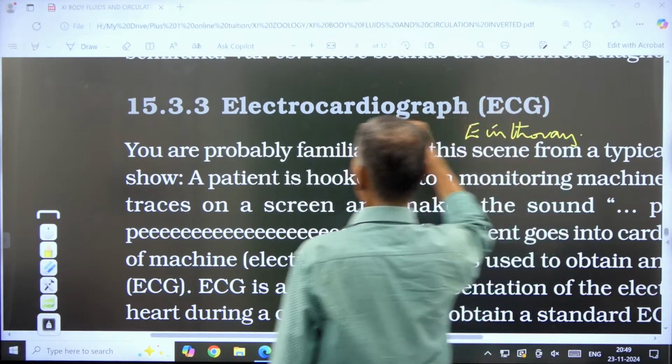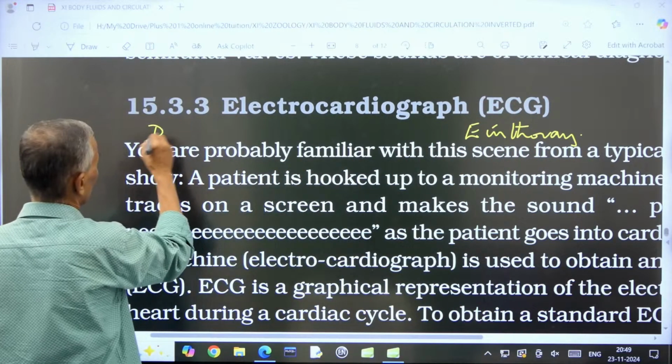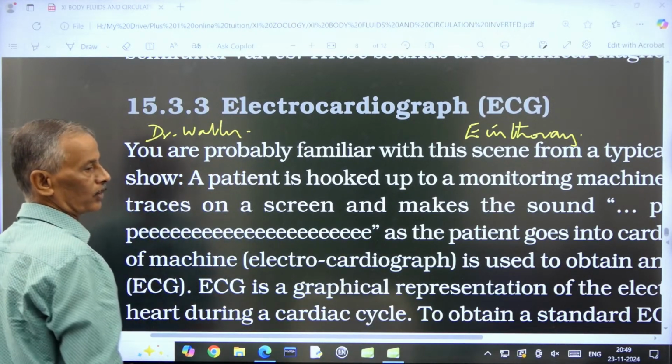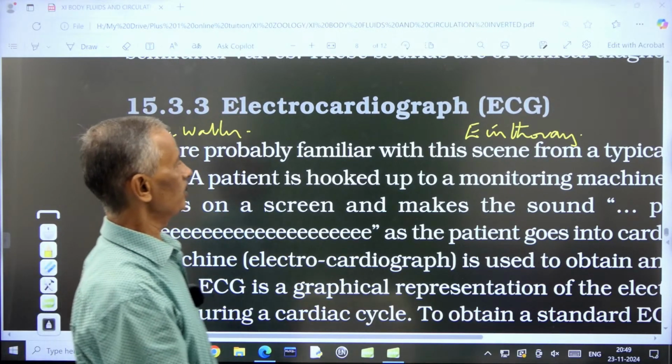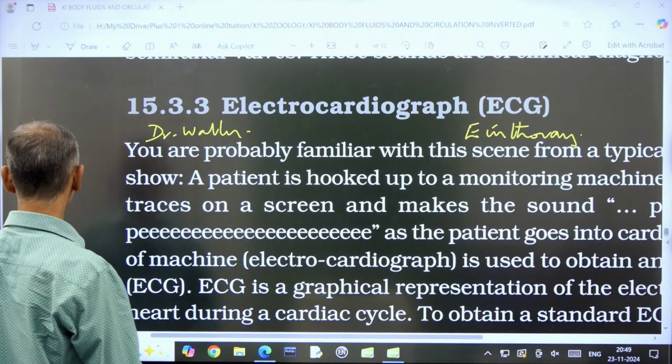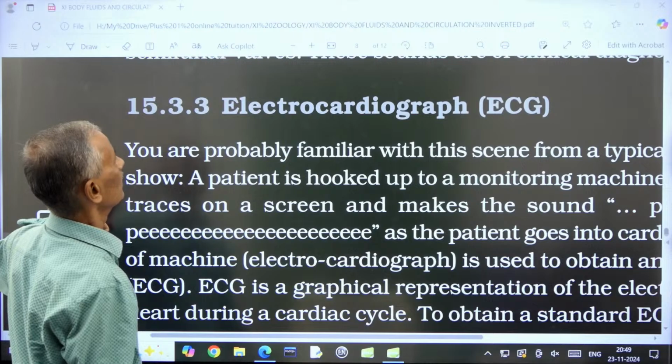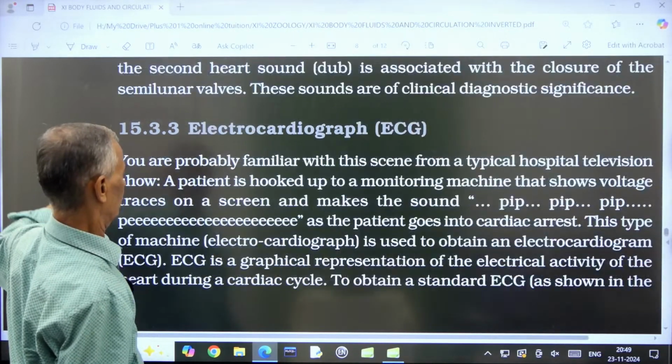And Dr. Waller was the first man to record an ECG. What is that ECG? Understand, it is electrocardiograph.